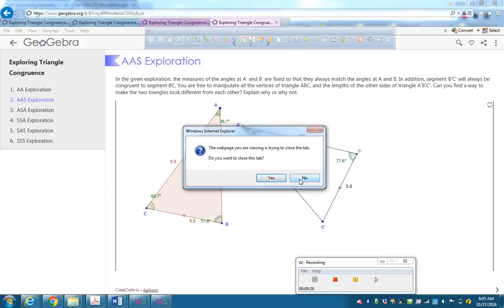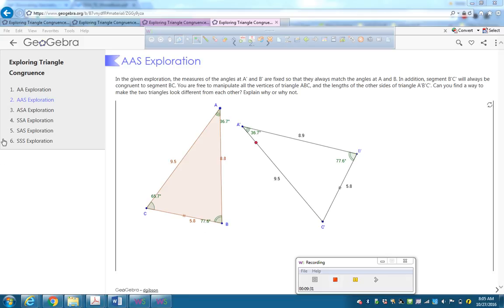So you are going to go through these various explorations, and some of them work and some of them don't work, right? And you are going to see which ones you can only make one triangle out of the right side. You get it? Okay.